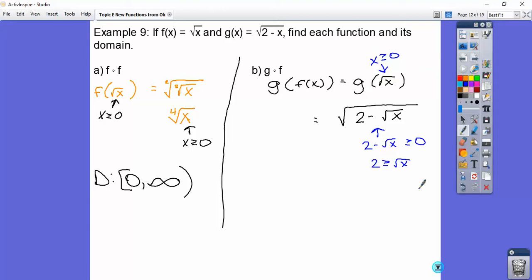What would I do here? Square. So that tells me x is less than or equal to 4. So, 2 things have to happen. X has to be greater than or equal to 0, but less than or equal to 4.